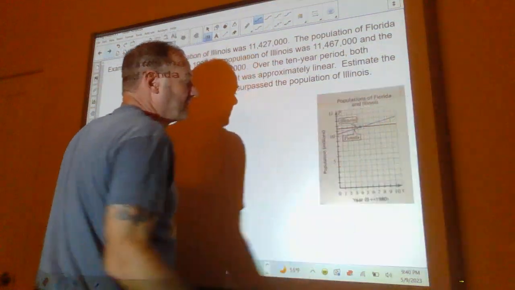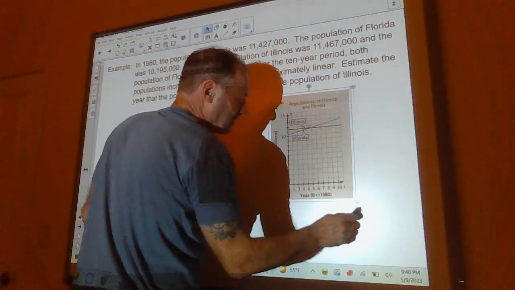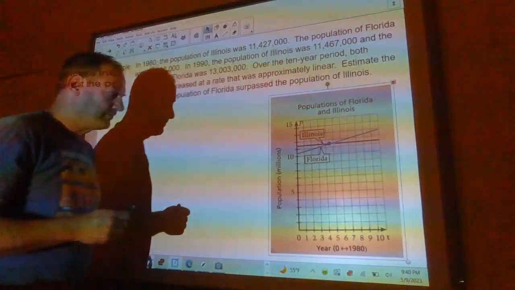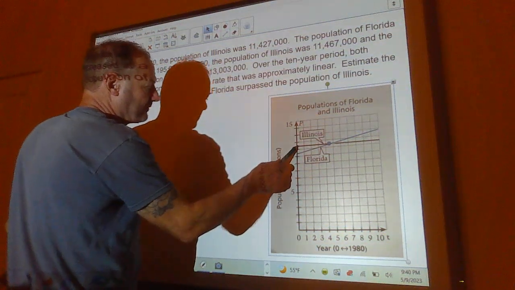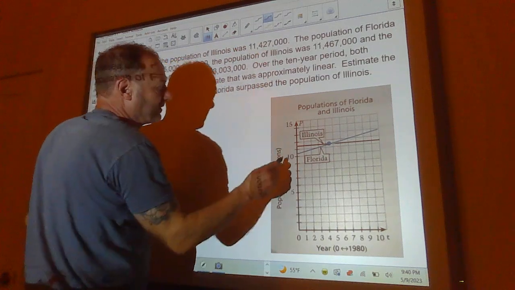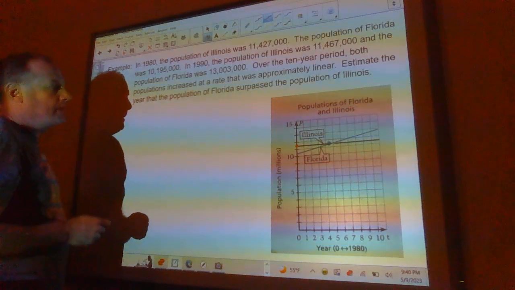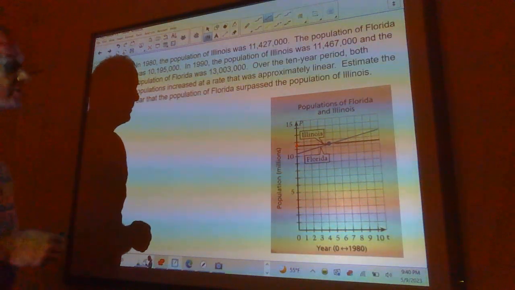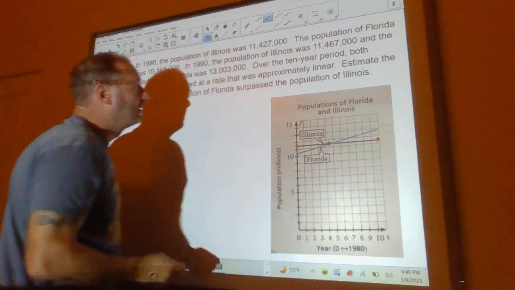So I've taken the liberty of graphing this right here. Let's make this a little bigger. Okay, so my y-intercept for Illinois is right here. Okay, that's going to be the 11,427,000. Okay, and 10 years later, that's going to be this point right here.